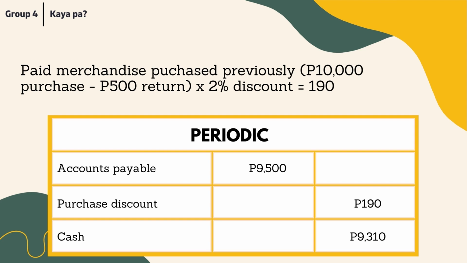So, the answer is 190. This is our purchase discount. If it is periodic, these are our account titles. Debit is accounts payable 9,500 and credit purchase discount 190. And this is what we actually paid, credit, cash, 9,310. Right?